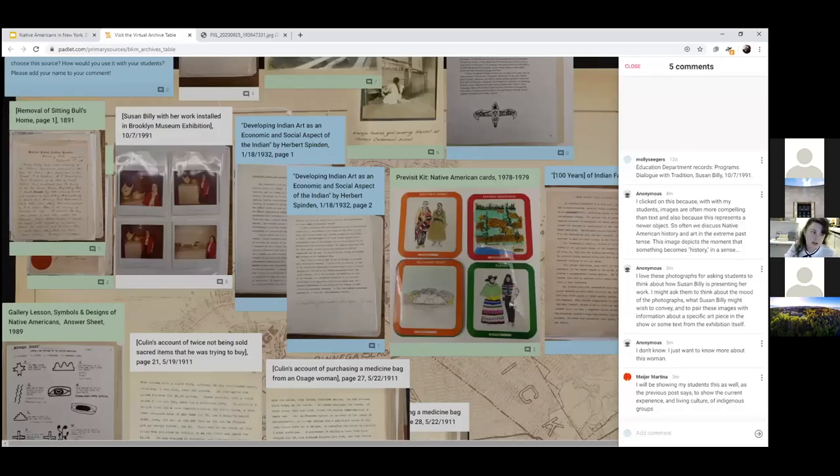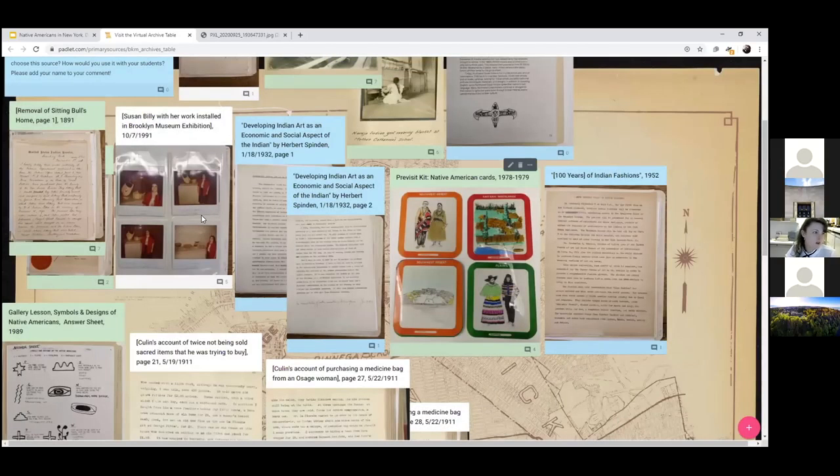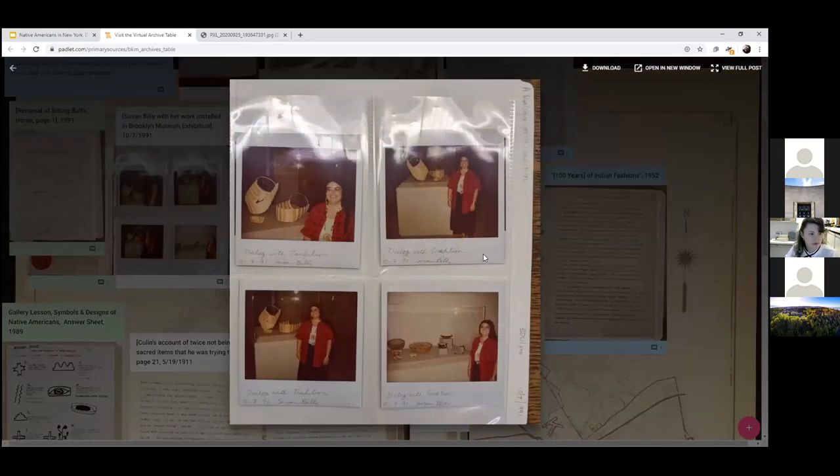And she was part of the Artist in Residence program, and the photographs depict her with her works. And in the folders in the archives about the exhibition, there is correspondence and other information exchanged with Susan Billy.